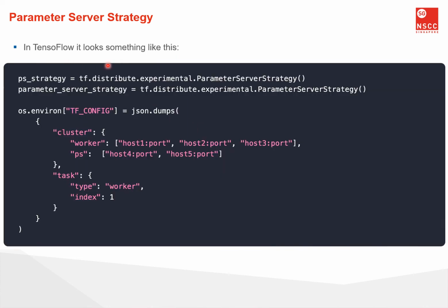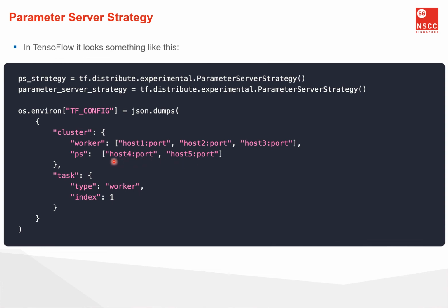So you can use the TF parameter server strategy, instantiate it. And for this to work, you need to configure the network configuration again. Specify what machines are available for the cluster, the worker nodes, the host and port address. And in this case, since we're using a parameter server, we also need to specify how many parameter servers there are.